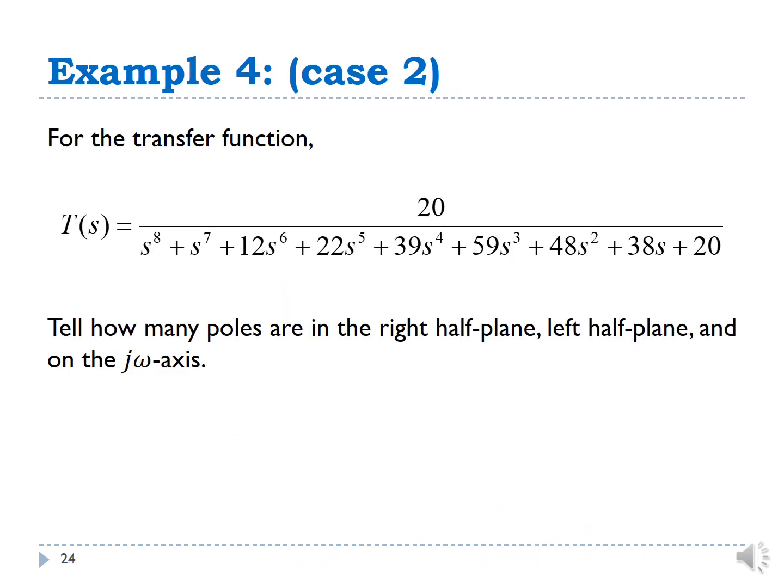Let's try another example for the case when an entire row is zeros. For the transfer function T(s), tell how many poles are in the right half plane, left half plane, and on the imaginary axis.